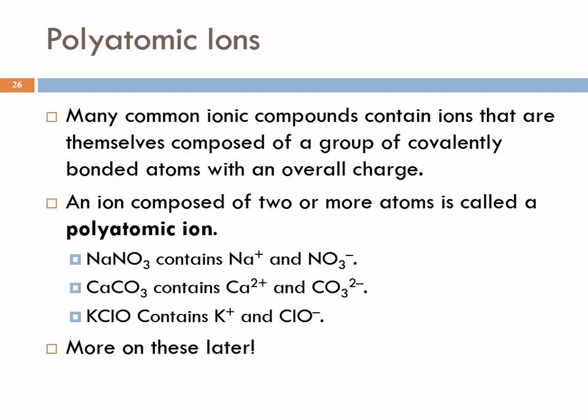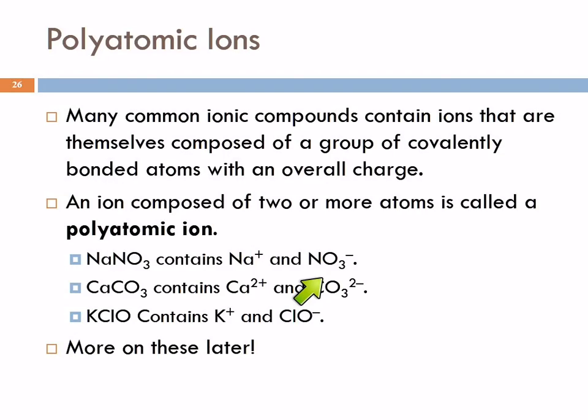Polyatomic ions. So I made you memorize some of these, didn't I? There are many ionic compounds that have ions that are composed of covalently bonded atoms, but they have an overall charge. So the compound sodium nitrate has sodium ions and nitrate ions. A polyatomic ion is an ion that has more than 1 atom in it.